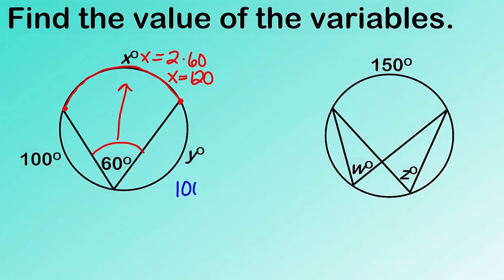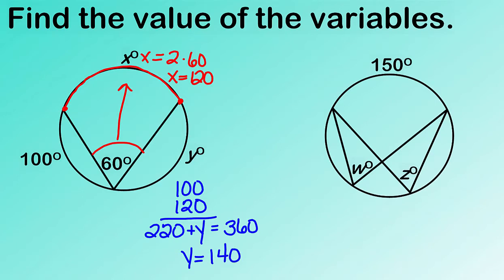So if I take 100 and 120, I would know that 220 plus y, which is what's left over, would be equal to 360. That would leave me with a y value of 140. So in this example, I know that X is equal to 120 degrees and Y is equal to 140 degrees.